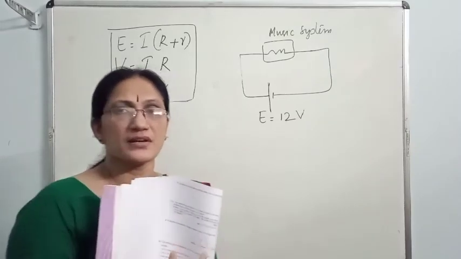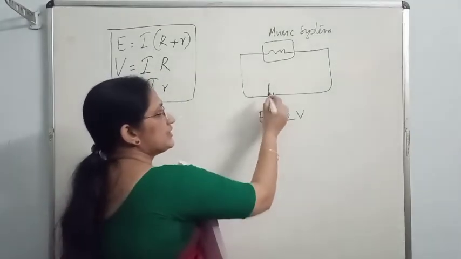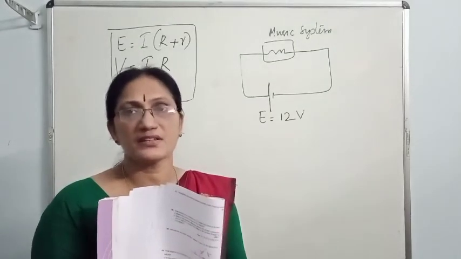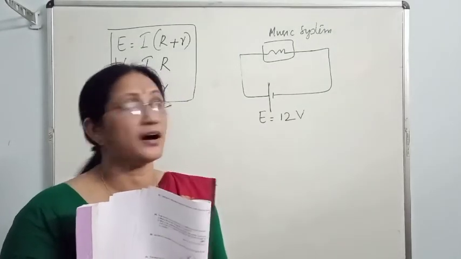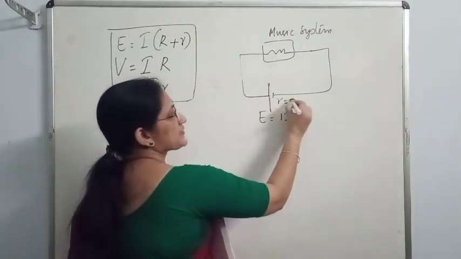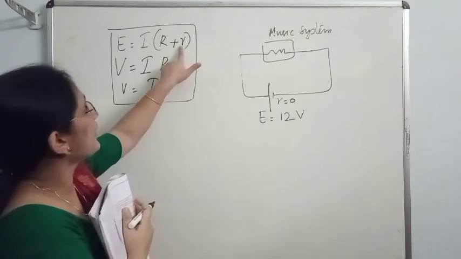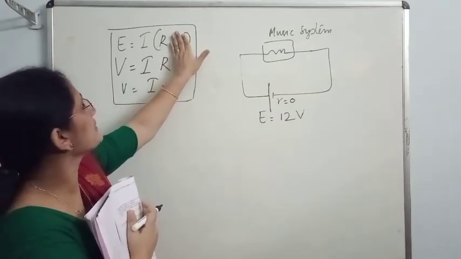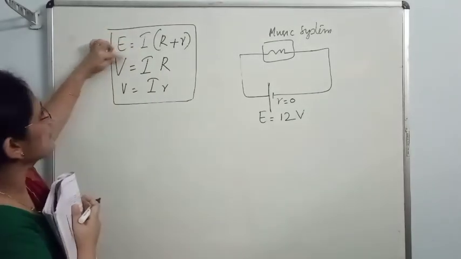In this case, about the internal resistance of the cell, nothing is mentioned. Means small letter r, if it is not given, you assume it as 0. If small letter r is 0, look at the equation, this r becomes 0 means E and V become same.